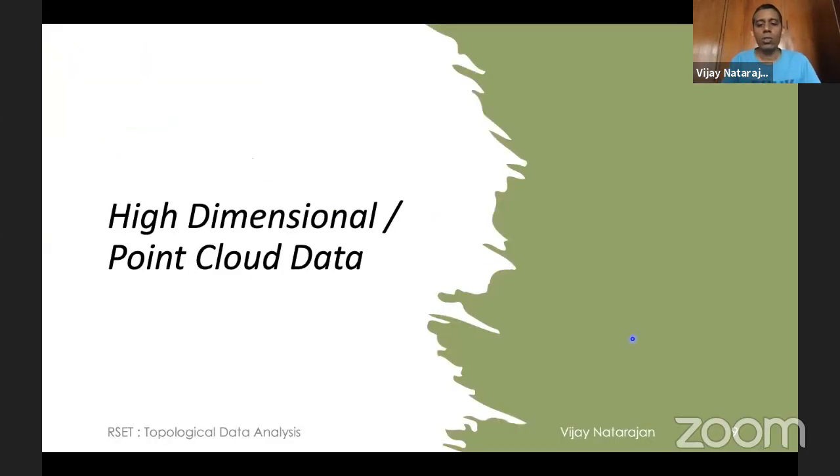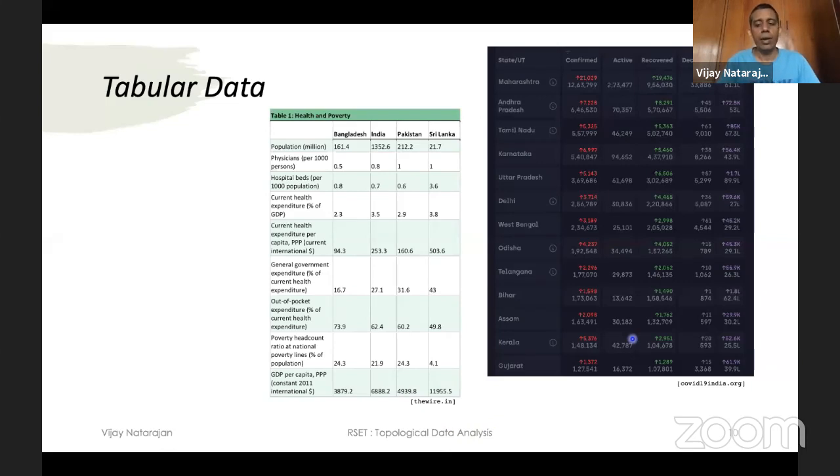So now I want to switch gears a little bit and talk about another form of data, right? This is data which comes from a tabular or columnar kind of data. The most common example these days is health data or the number of COVID-19 cases, right?